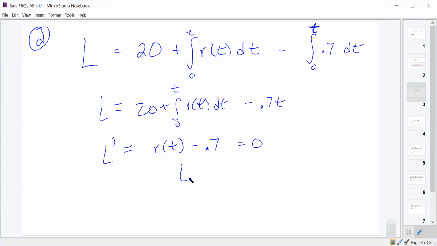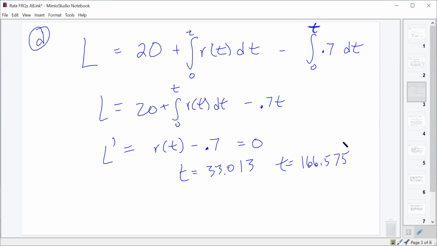If you have a calculator, your calculator will tell you that this occurs at t equals 33.013 and t equals 166.575. So there's two options.